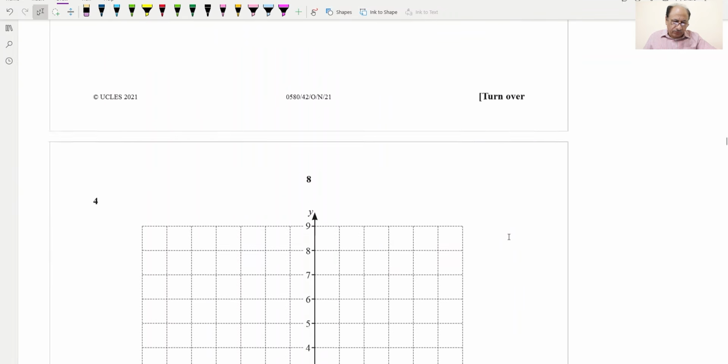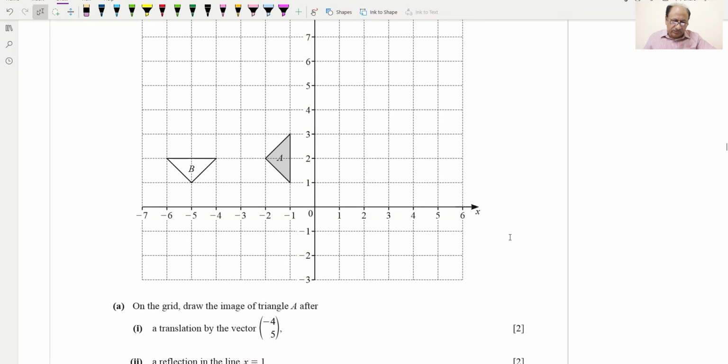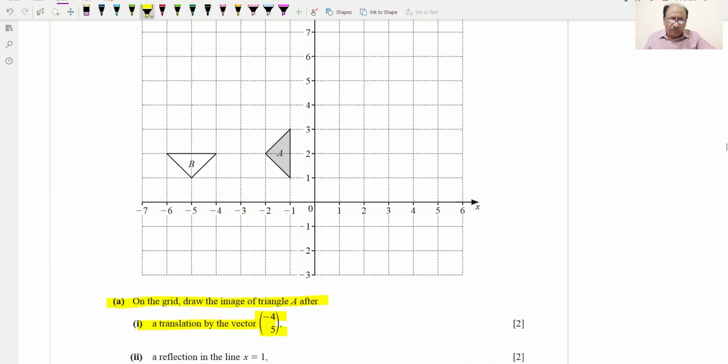This is done. Now we can move to question number 4, grid is provided. Triangle A is given. On the grid, draw the image of triangle A after translation vector -4 and 5.